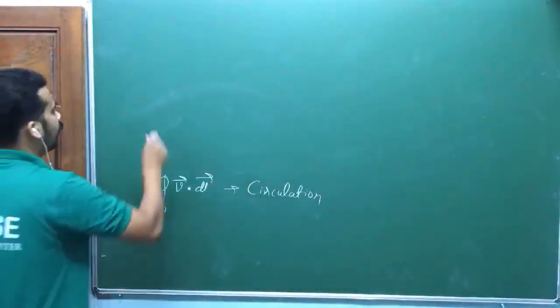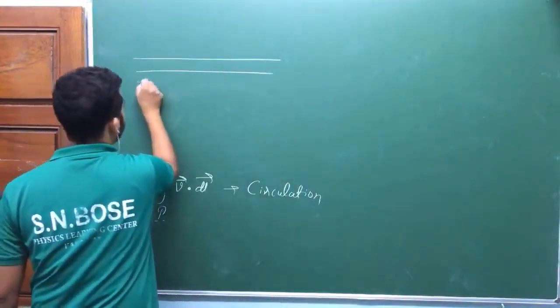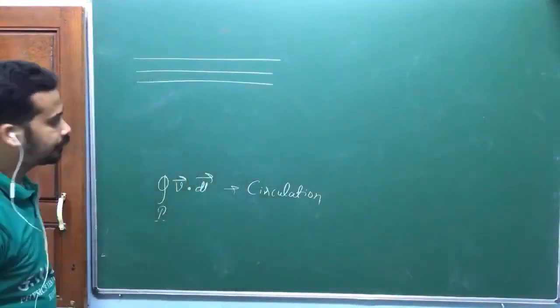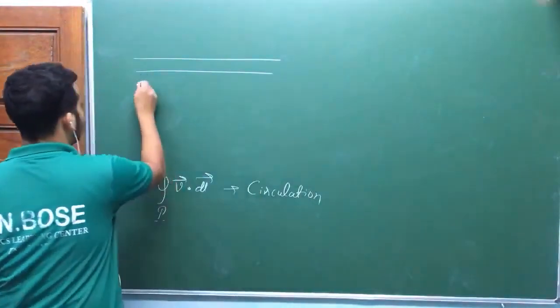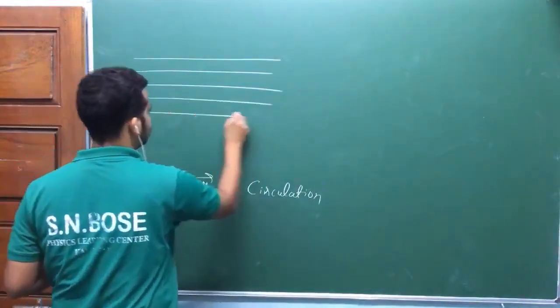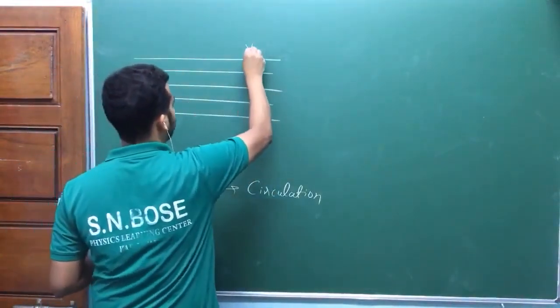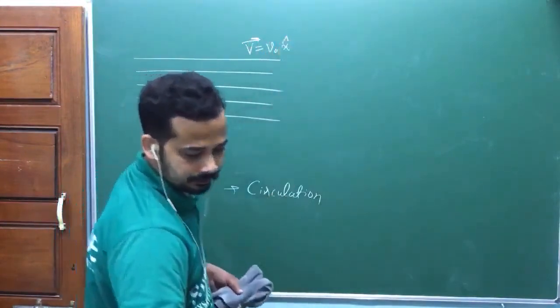Is that okay? Now I have a uniform vector field. Let me take a uniform vector field. Vector field is uniform, V is equal to V naught into x cap. Is that okay?